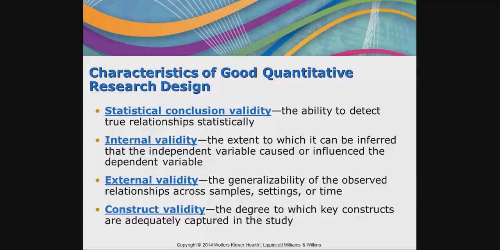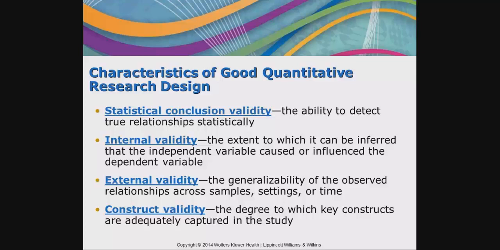Well, you look at the research design and validity because you have statistical conclusion validity. And numbers don't lie. You know, do the numbers make sense? Are they showing a relationship that is true?